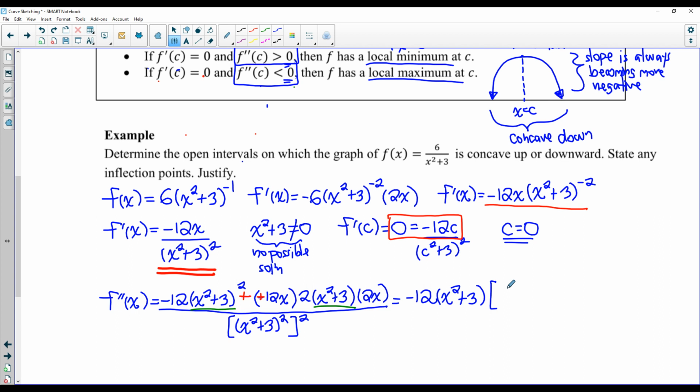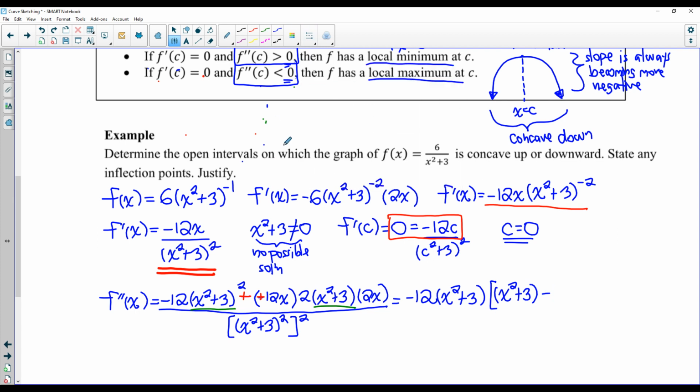And now let's see what we're left with in brackets. We pulled out the negative 12. We pulled x squared plus 3 to the power of 1. So that would just leave me with x squared plus 3. And then we pulled out negative 12, and because that was positive, it's going to leave me with a negative for that one.